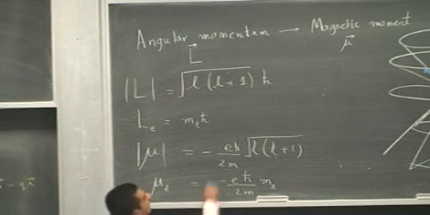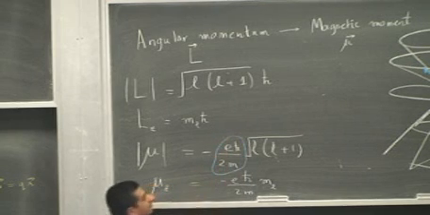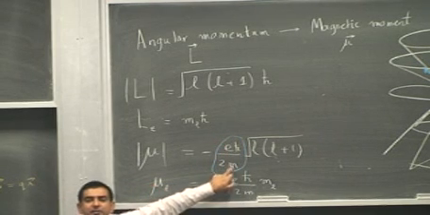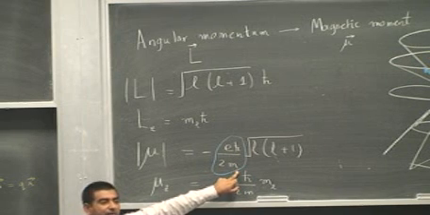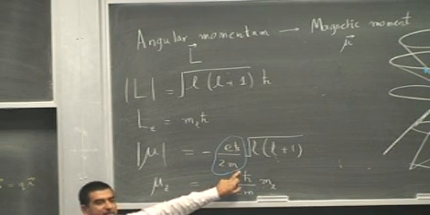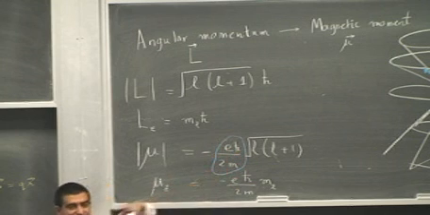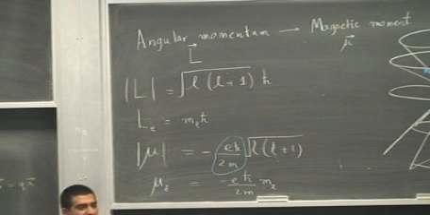Now this quantity, eħ over 2m. What is small m? It is the mass of the electron. This quantity, which I have written in a blue circle, is given a special name.